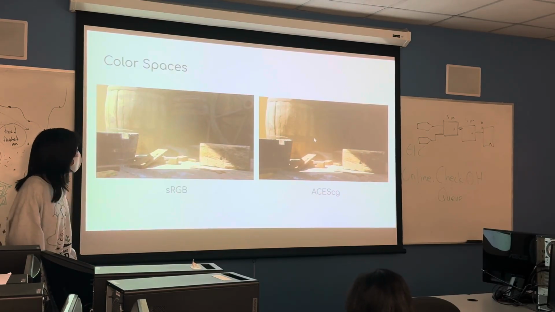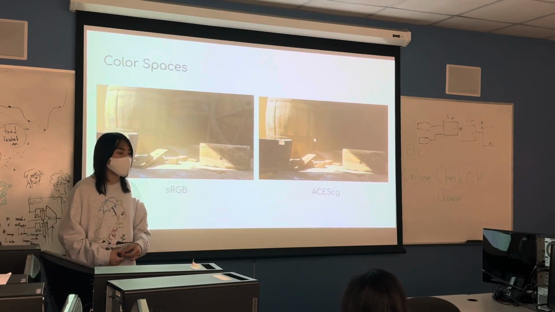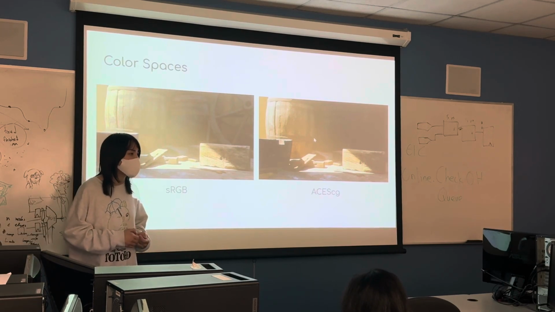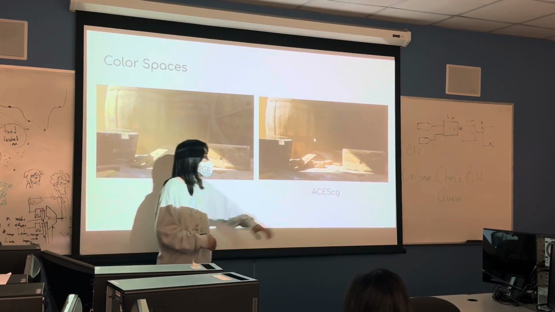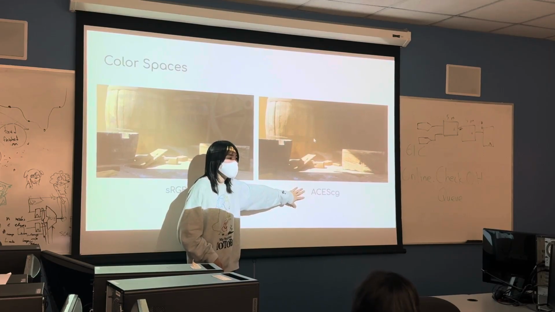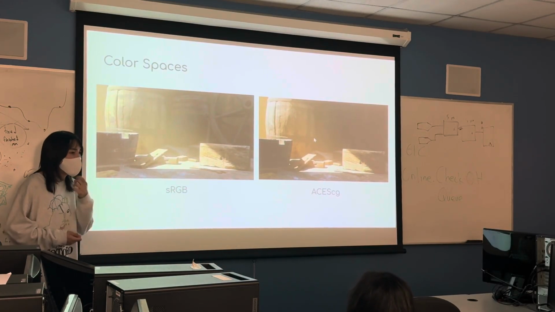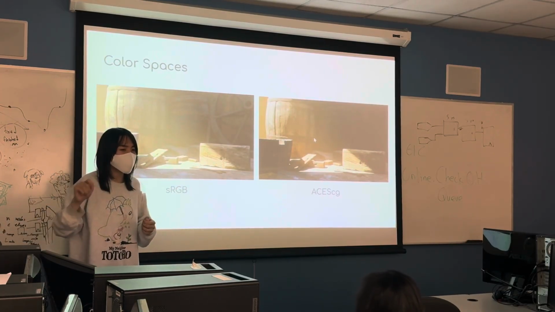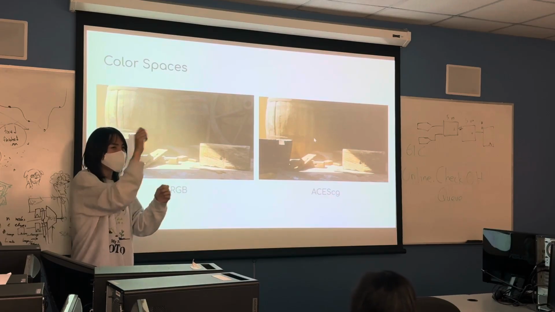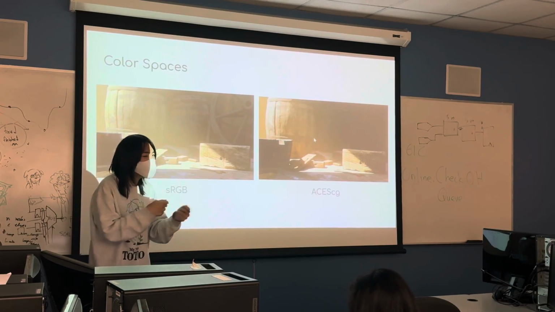Okay, so this is really important when you're working with colors across software, because you need to make sure that these color spaces are correct. Let's say I did all my calculations in ACES, but then I'm reading it in sRGB, then things are just going to look wrong, right? For example, let's say I write out instructions in English for how to do something, step 1, do something, and I give it to someone who doesn't know how to read English.